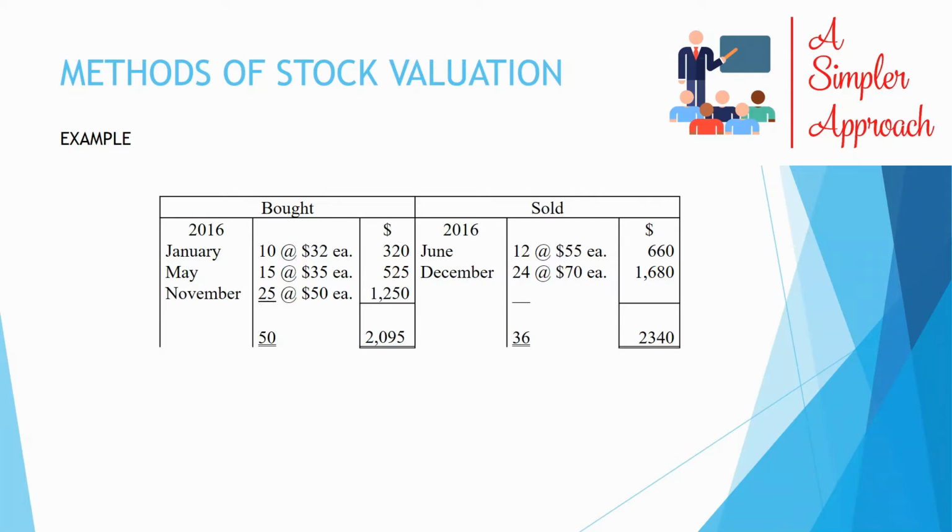Then in May, we bought 15 at $35 each. Then in November, we bought 25 at $50 each. In June, we sold 12 items at $55 each. And in December, we sold 24 items at $70 each. Once again, this is the example that we will be using for all three methods. Okay, let's continue.